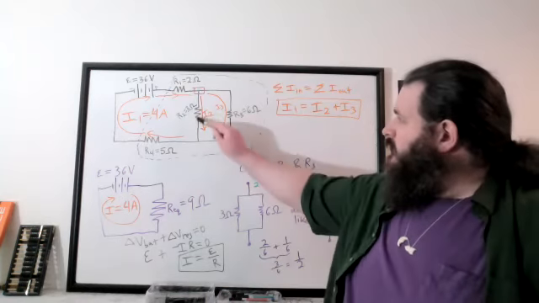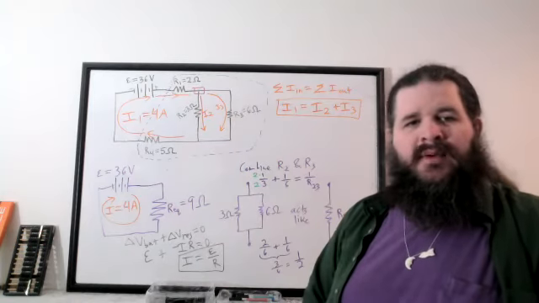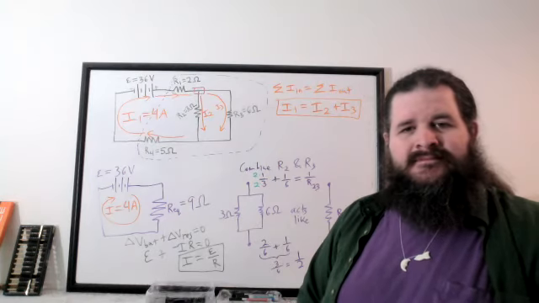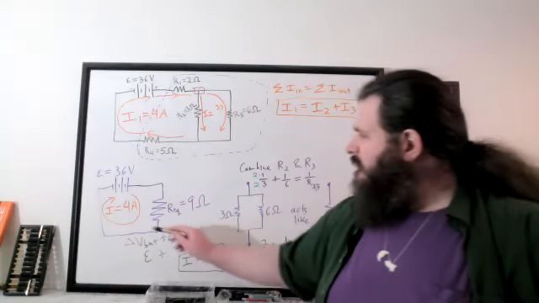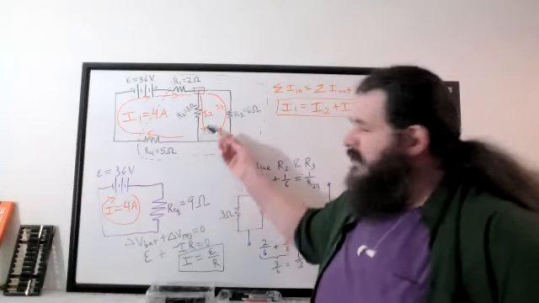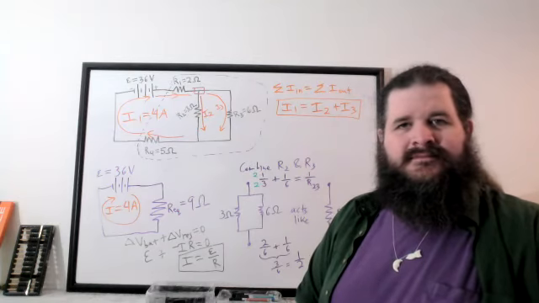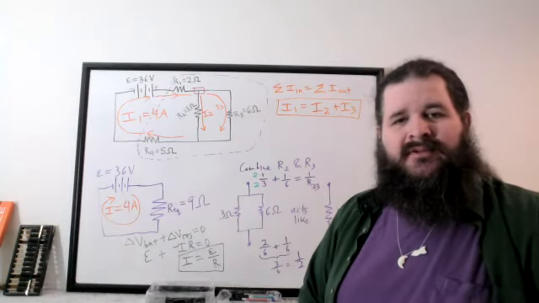Like we combined resistor 2 and resistor 3, then we combine that with R1 and R4, but we didn't combine that with what else? What's the one value in this that we took directly from the original? Yeah, the battery itself. The battery is the one piece we didn't simplify.